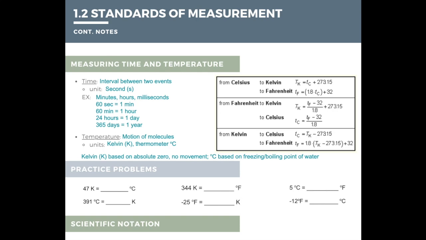Okay, degrees Celsius is actually based on the freezing and boiling point of water, so it has a pretty standard baseline. Basically 0 degrees Celsius is the freezing point of water, and 100 degrees Celsius is the boiling point of water. I'm going to come back and do the practice problems of converting between Celsius, Kelvin, and Fahrenheit, and I'm going to be using a different app to work through those problems.